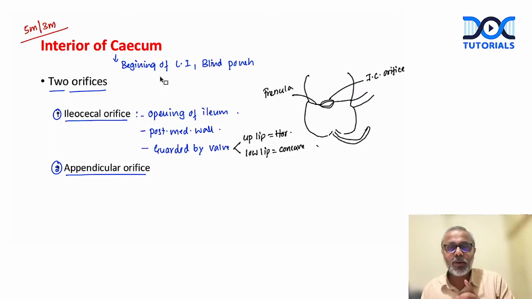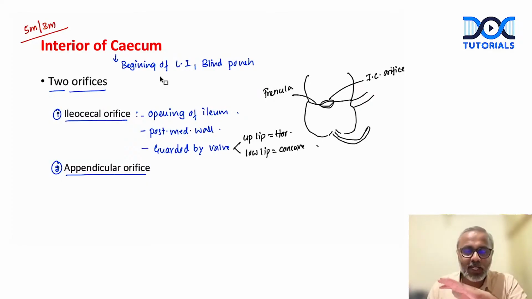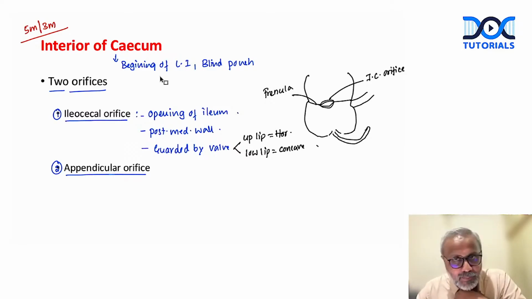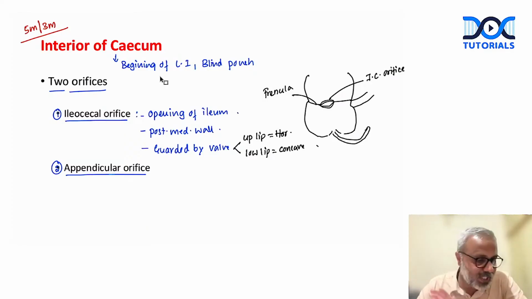But the most important thing we need to write here is how to locate this ileocecal orifice. The ileocecal orifice is usually present at the junction of the right lateral plane and the transtubercular plane. That is where we will have the ileocecal orifice in the posteromedial wall of the cecum. This is what we need to mention. Are we clear? Right. So this is regarding the ileocecal orifice.